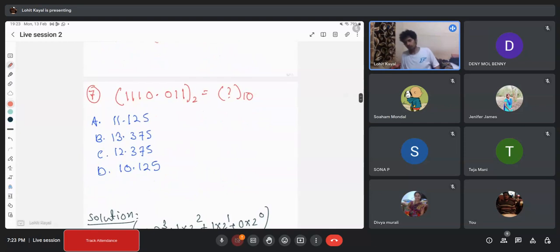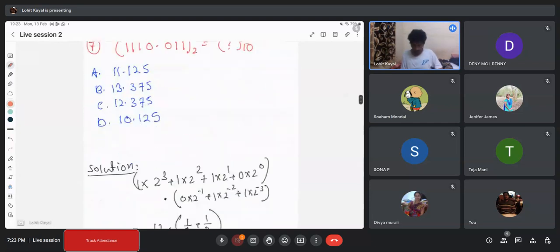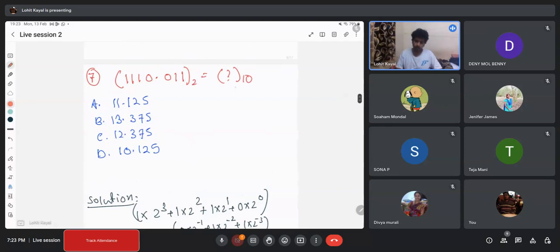Now we have to do the opposite exercise. This is in binary, and we have to convert it to decimal.